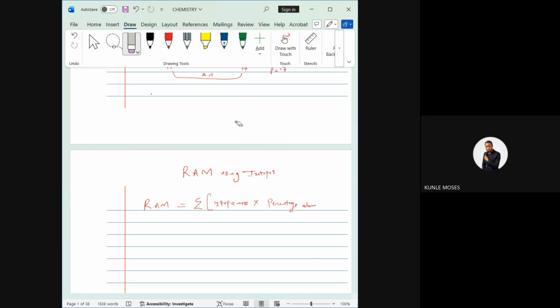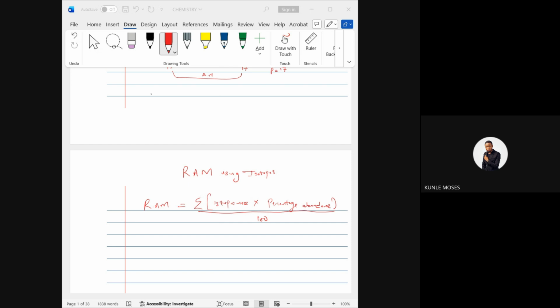Percentage abundance, everything divided by 100. Do you understand it? Let me explain this formula.